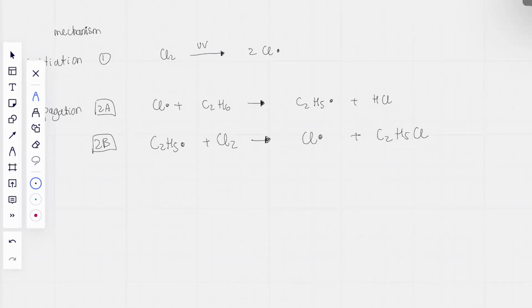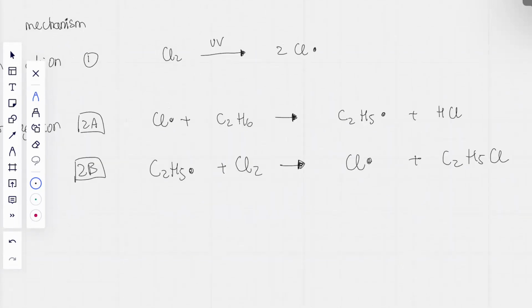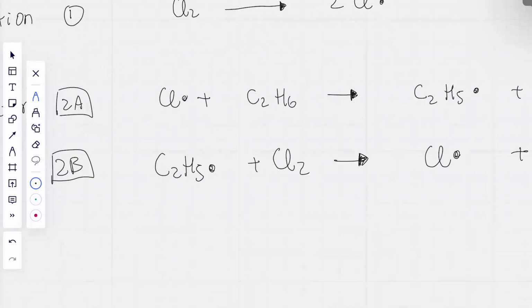Do you understand until here? But why must you add back Cl2 again? It's not me, it's the radical. Radicals like to attack, and in this case they are attacking Cl2.